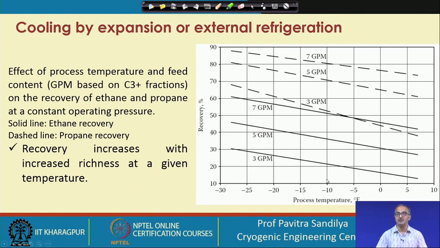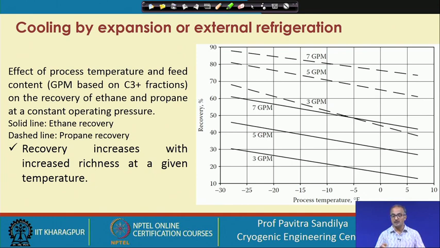It is expected because as we are increasing the temperature, more and more of the components are going towards the vapor side and fewer are remaining in the liquid. Please note that when we say recovery, it means that we are trying to recover the components in the liquid. And the gas we are producing is supposed to have more of the methane.